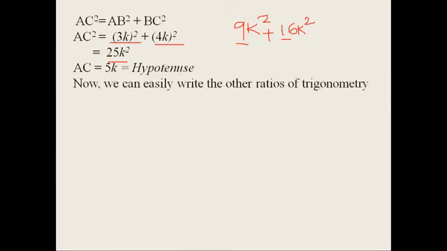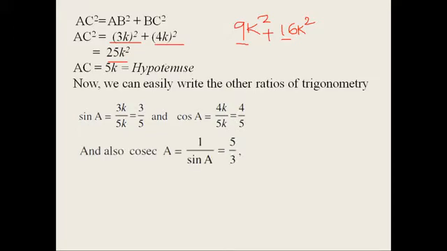Now we can easily write the other ratios of trigonometry. Sin A is equal to the opposite side by hypotenuse, that is 3k by 5k, which is 3 by 5. And cos A is equal to 4k by 5k, that is 4 by 5. Also cosec A is equal to 1 by sin A, the reciprocal of sin A, we know that.